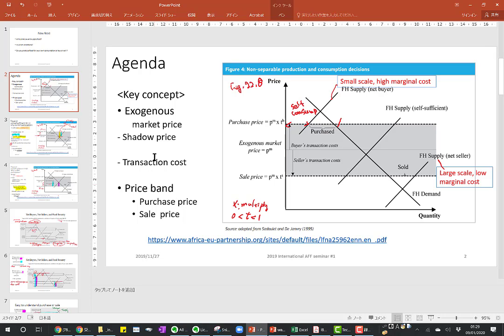So with these key concepts, we want to see the explanation.